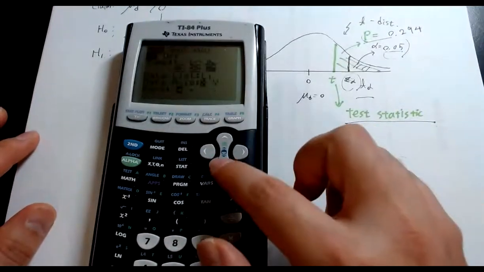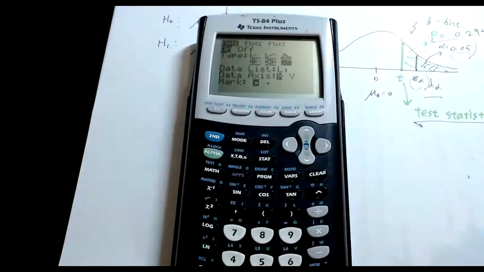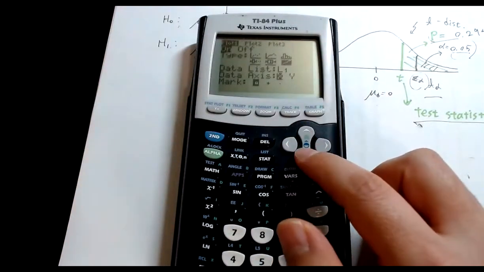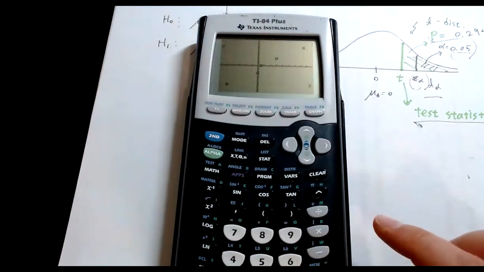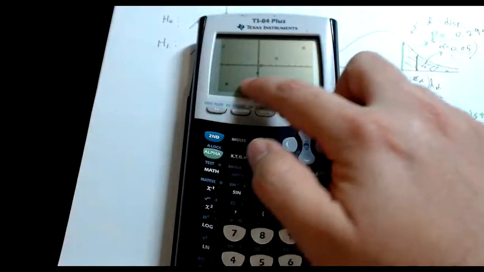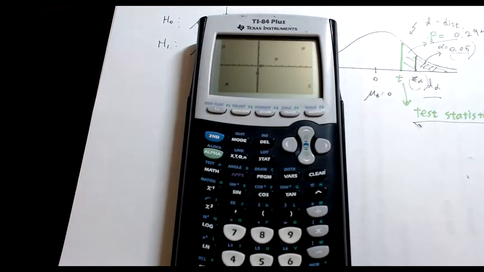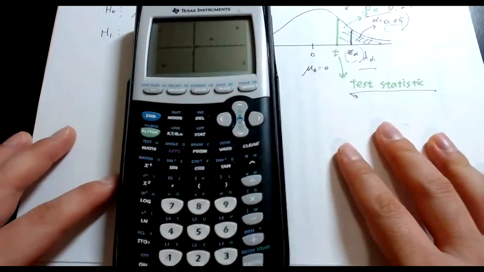We choose the last one, the normal quantile plot, with L1, and then we zoom and press number 9. You see the distribution of points. All points lie closely on a straight line, so we can say that the sample is normally distributed.